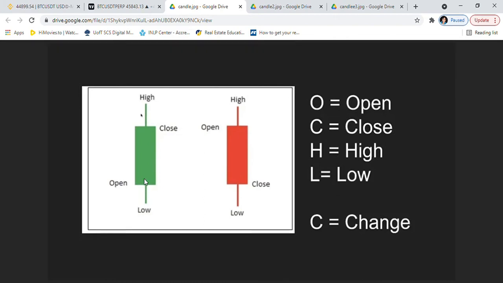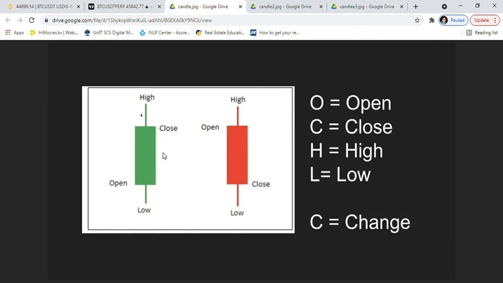It means that buyers did not want the price to go lower than this, and at the high here, it means that sellers did not want the price to go higher than this, so they rejected it and brought it down. And when the candle was about to close, they decided to close it over here.